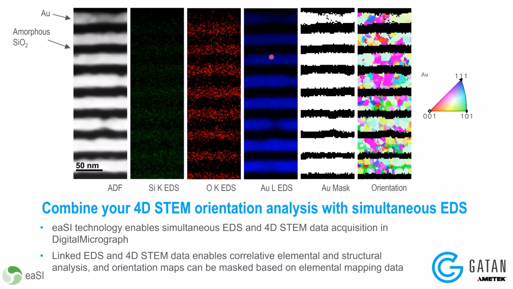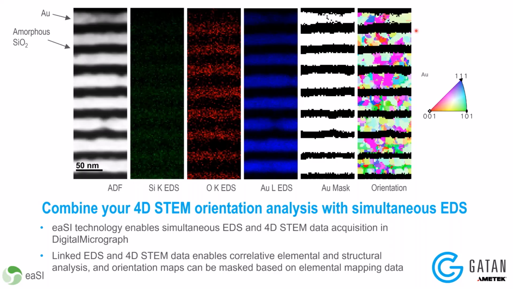And then, for example, we can take this gold EDS map and use it as a mask to mask out the 4D STEM data and the orientation analysis results, so we see only the orientation information from our crystalline gold regions of interest.